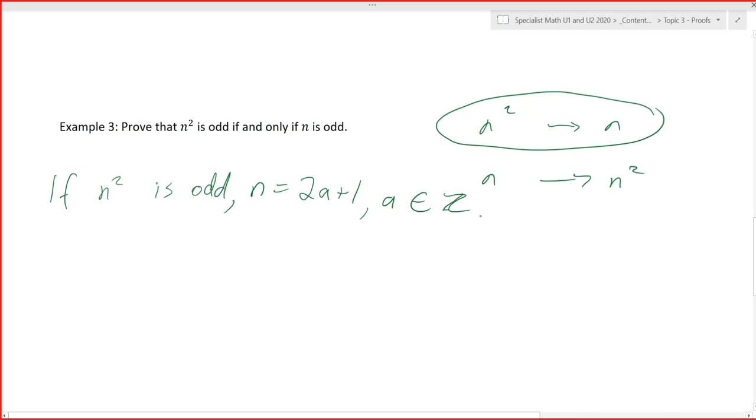So this is probably worth 2 marks, this first statement. So using that set notation that I was talking about in the last proof, this is like saying that n is odd, and now we're showing n squared is odd. Then we're going to be squaring all of this.